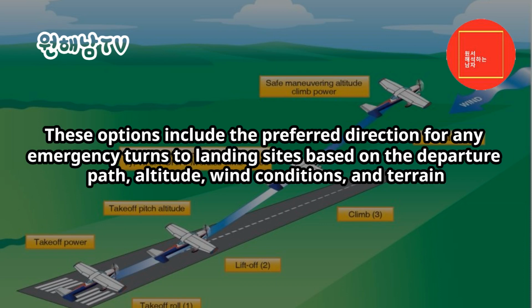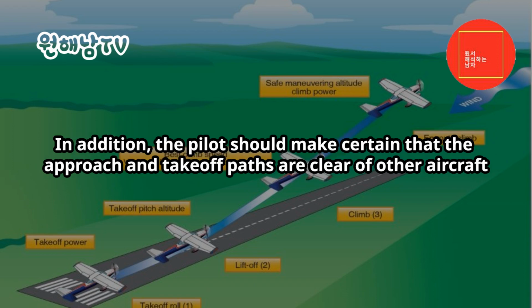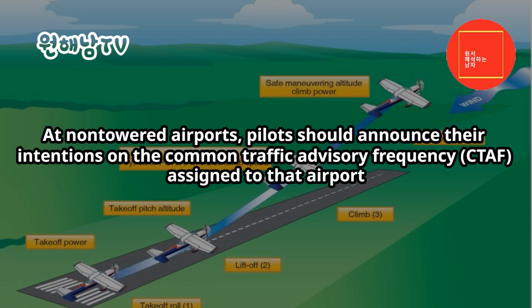These options include the preferred direction for any emergency turns to landing sites based on the departure path, altitude, wind conditions, and terrain. In addition, the pilot should make certain that the approach and takeoff paths are clear of other aircraft. At non-towered airports, pilots should announce their intentions on the Common Traffic Advisory Frequency (CTAF) assigned to that airport.